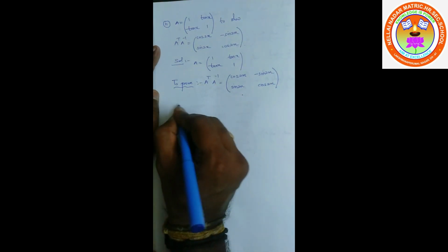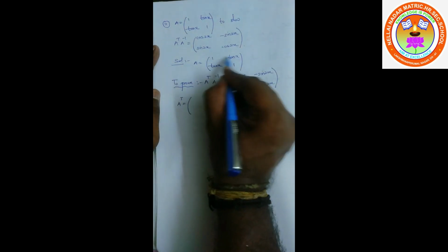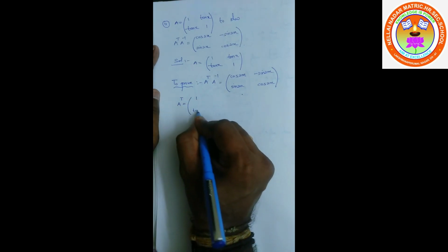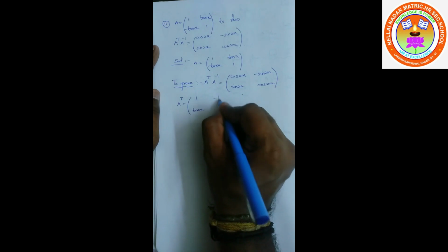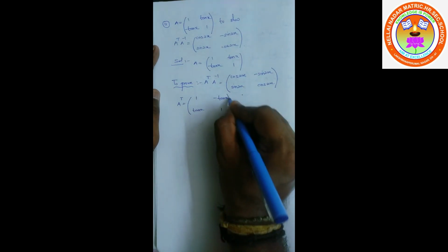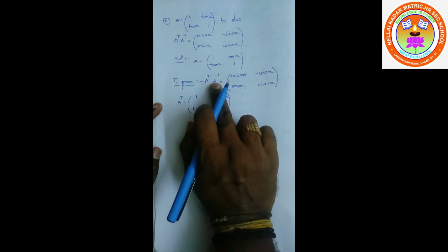So first I am going to find A transpose. A transpose we have learned in 10th standard. We need to change rows into columns, otherwise columns into rows. So 1 and tan x is in the row, so I will write in column 1 and tan x, minus tan x and 1 is in the row, I will write in column minus tan x and 1. This is A transpose.